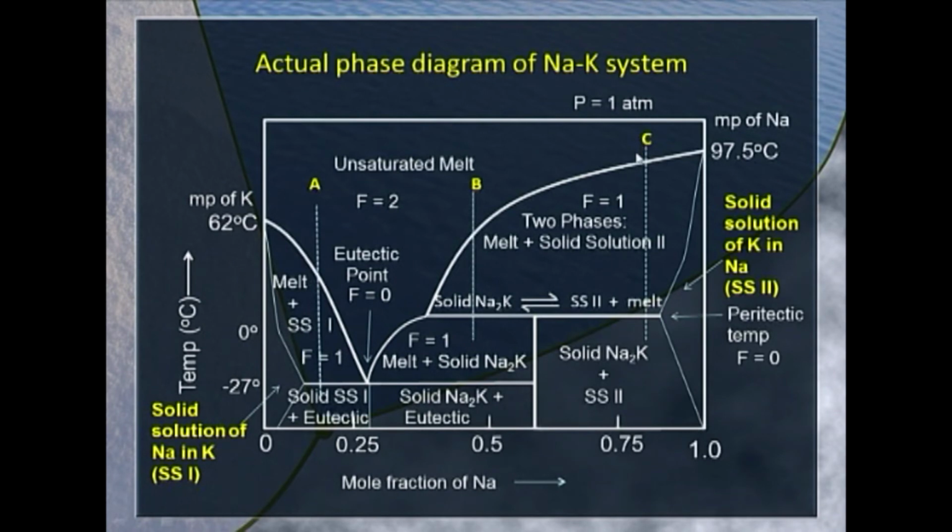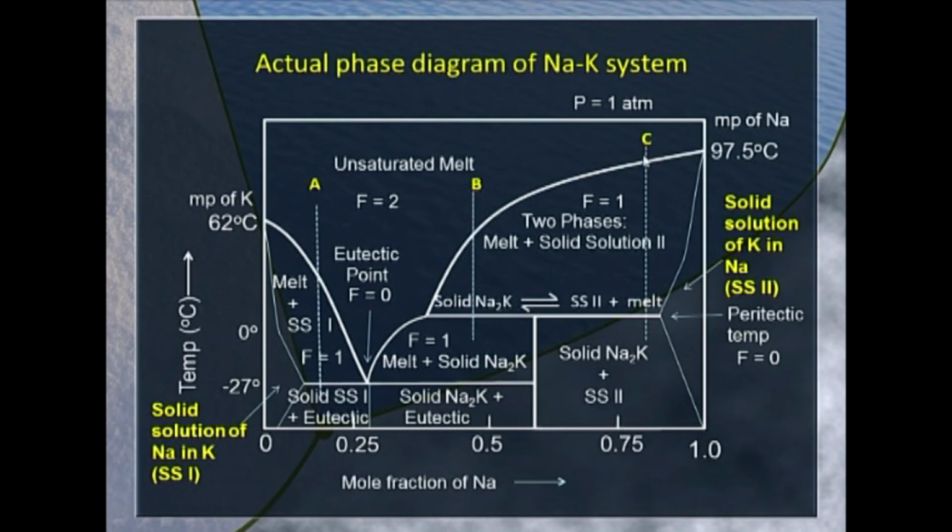Now, let us look at what happens when we cool a melt corresponding to point C. The changes are almost similar to the earlier case, but at the peritectic temperature there will be some difference.